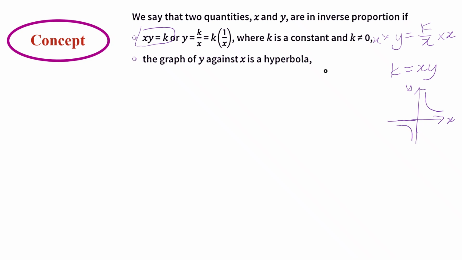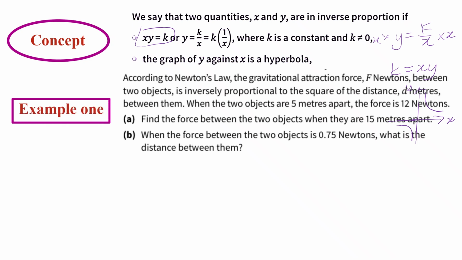Okay, hyperbola curve. All right, so let's look at one example. You're given two quantities, F and D. When two objects are very close to each other, the gravitational force between them will be big.